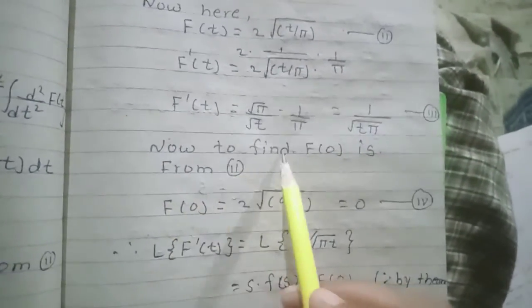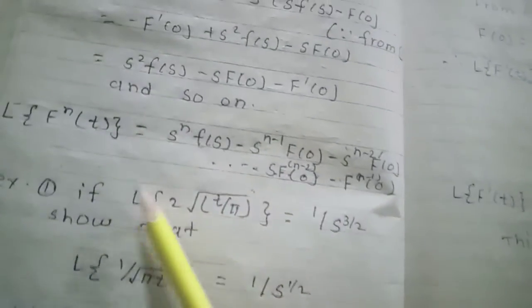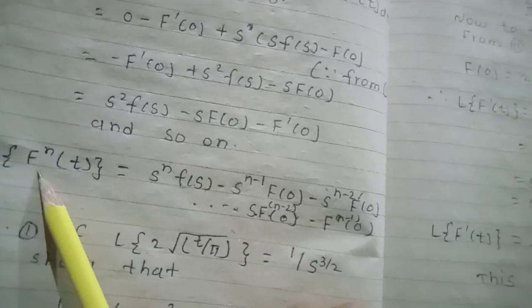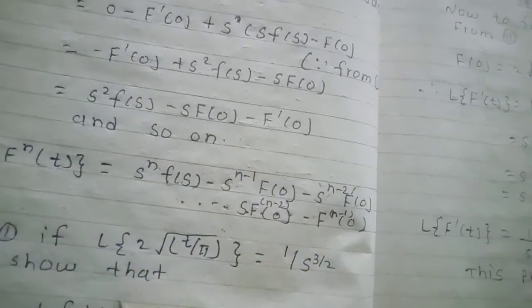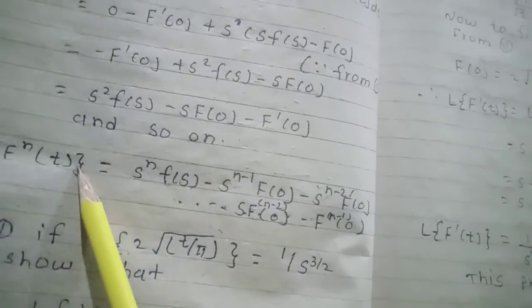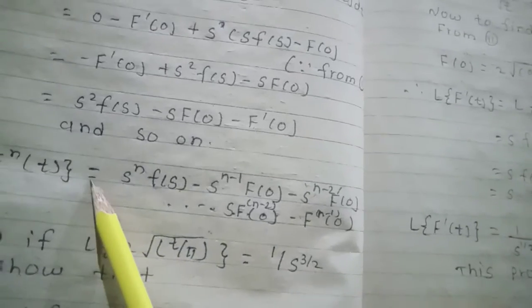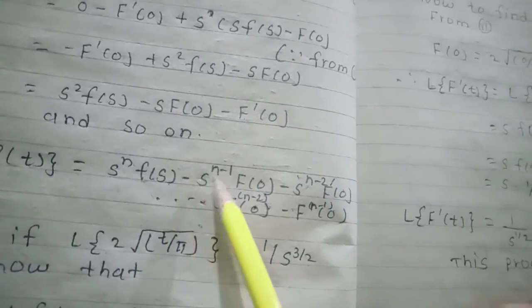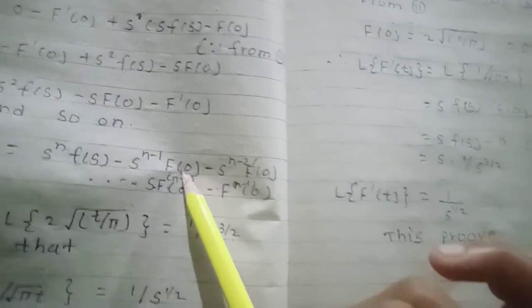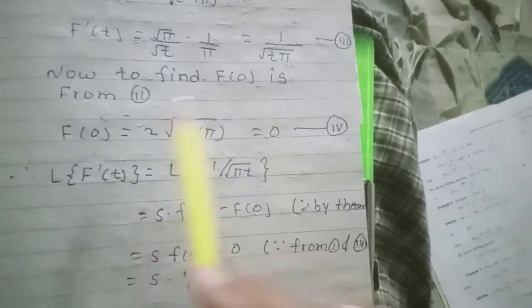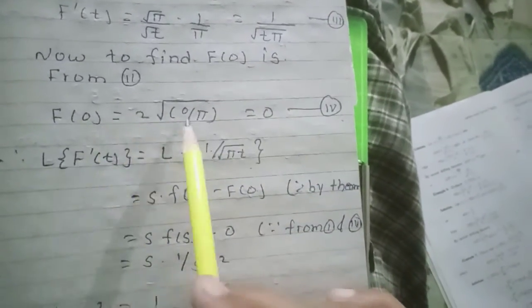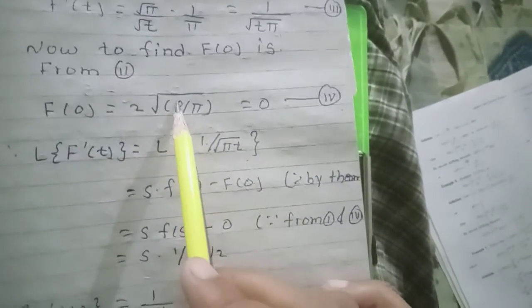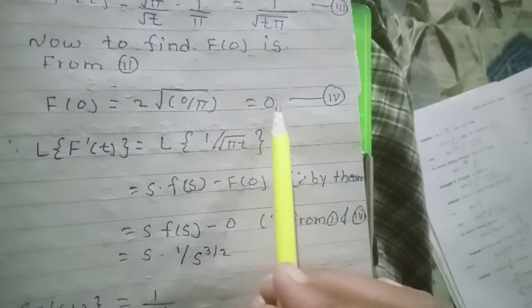Now we find f of 0. We know the formula: the Laplace transform of f raised to n of t is equal to s raised to n F of s minus s raised to n minus 1 f of 0. So we find f of 0. Here t is 0, so this is equal to 0.